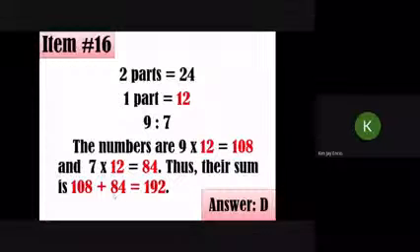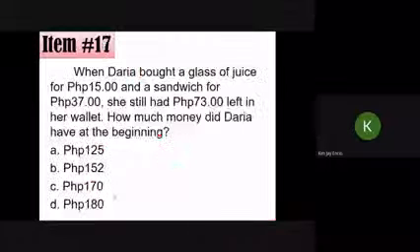All right. Next number. When Daria bought a glass of juice for 15 pesos and a sandwich for 37 pesos, she still had 73 pesos left in her wallet. How much money did Daria have at the beginning? Is it 125, 152, 170, or 180?